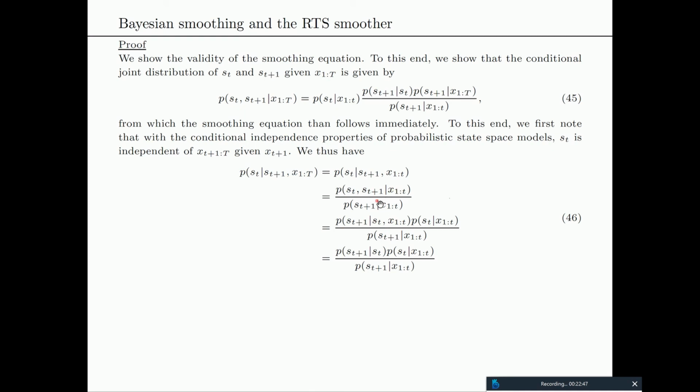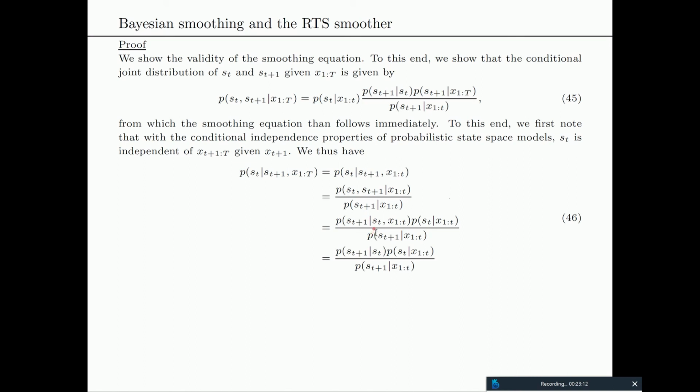Then s_t given s_{t+1} and x_1 to t results from dividing the joint of s_t and s_{t+1} given x_1 to t by p of s_{t+1} given x_1 to t. This is just the definition of conditional probability.